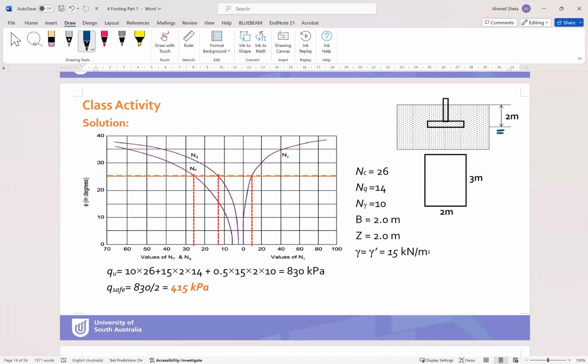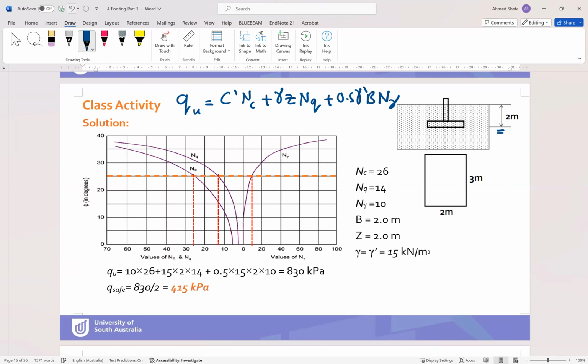So again, the equation we have is Q ultimate equals C dash times Nc plus gamma Z times Nq plus 0.5 gamma B times N gamma.